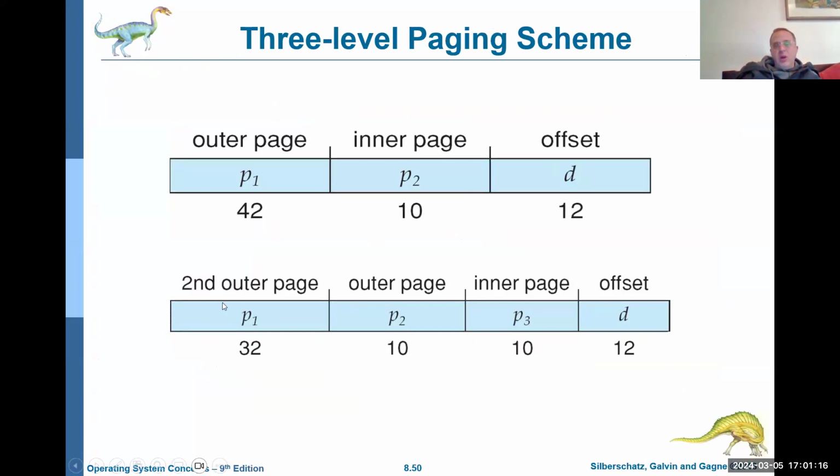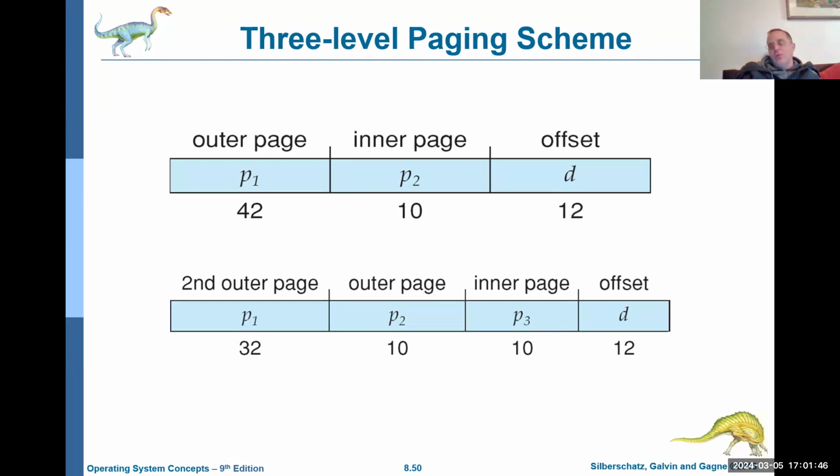But here you see an example where we have 32 here, 10 here, 10 here, and 12 here. Anyway, we have 3 jumps. And the outer page is still going to be quite large. Right? 32 is 4 gigabytes, 4 giga rows. It's crazy.